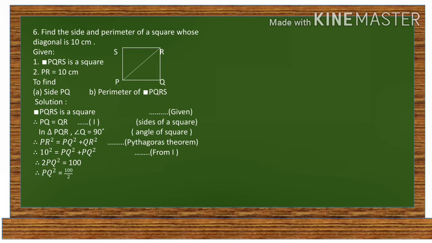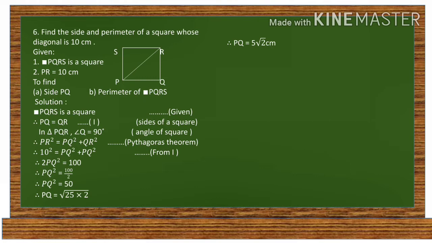Dividing by 2, PQ square is equal to 50. 50 can be written as 25 into 2. Taking square root, PQ is equal to 5 root 2 centimeter. So the first answer: side PQ is equal to 5 root 2.